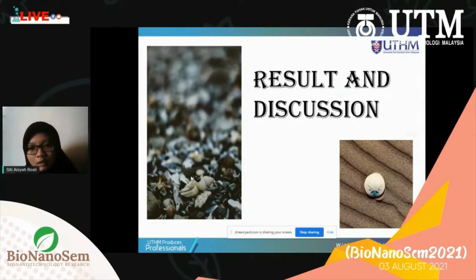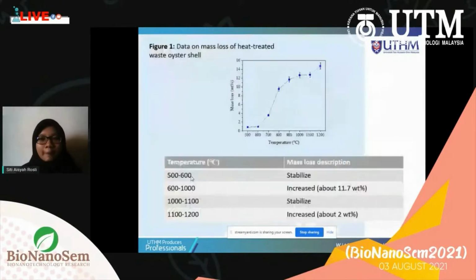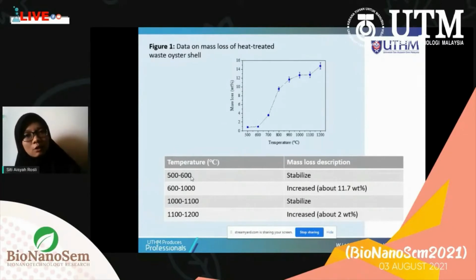Then we will discuss the trace elements in our heat-treated waste oyster shell, to see if it is viable to synthesize hydroxyapatite. Figure 1 shows data on mass loss. As you can see, mass loss of heat-treated waste oyster shell increases with the increasing heat treatment temperature, and it is associated with the decomposition of calcium carbonate into calcium oxide and release of carbon dioxide.